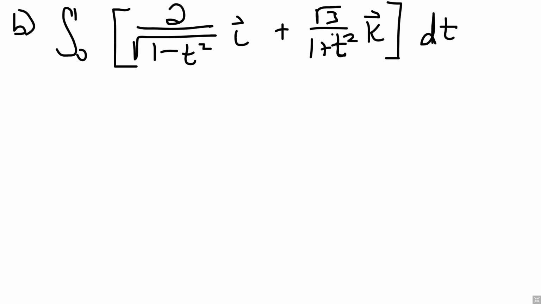Basically, what I'm going to do is just go through and integrate. So if I integrate the first piece, what will I get?